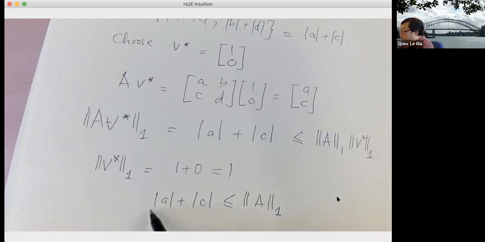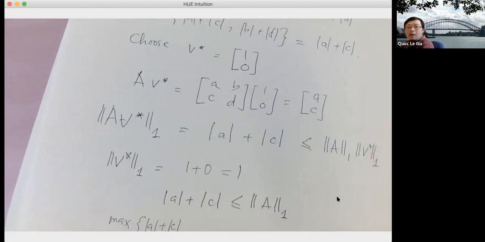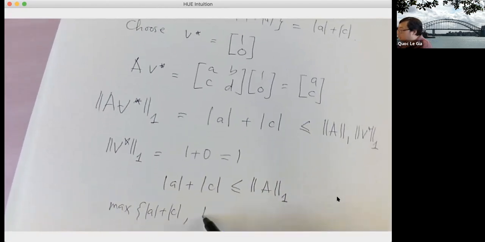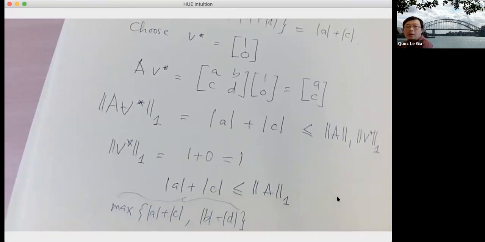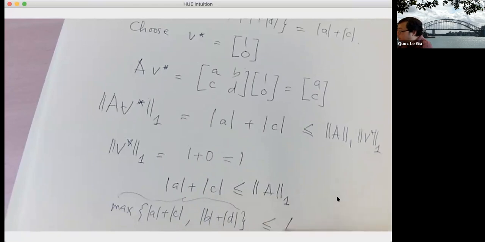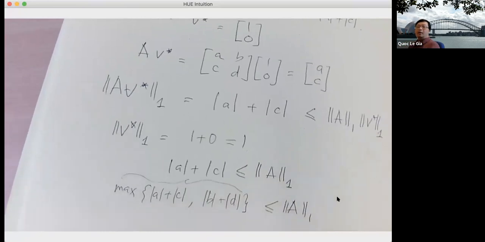But remember, this one is just the max of a plus c, b plus d, this quantity, less than or equal to the one norm of A. Before, we showed that the one norm of A is less than or equal to this quantity.